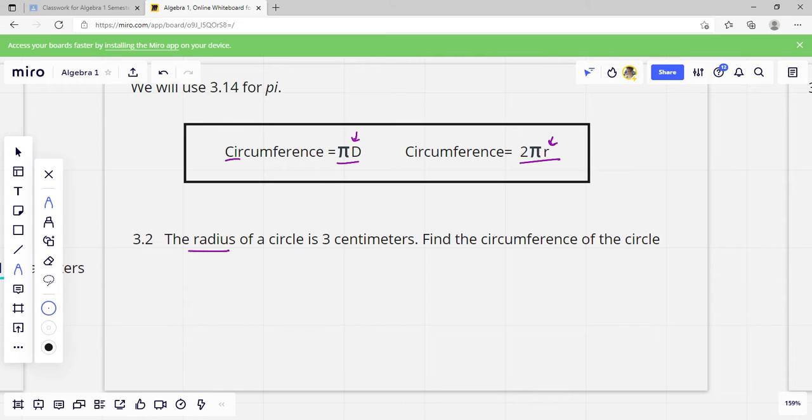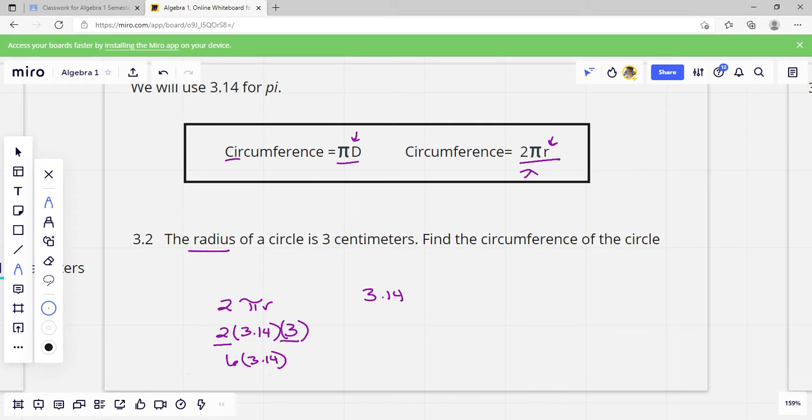So we've got a radius, so we need to use this one because it's in terms of radius. So it's 2 pi r is our formula. So we've got 2 times pi, which is 3.14, times r, which is 3. So it told us our radius is 3. Okay, and we just got to multiply these all together. So I'm going to do 3 times 2 is 6 first, and then 3.14. So that would be 6 times 3.14.